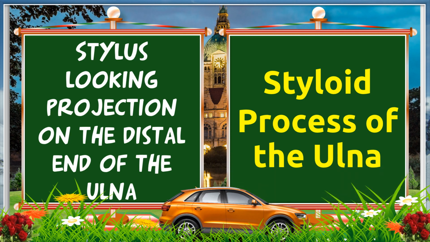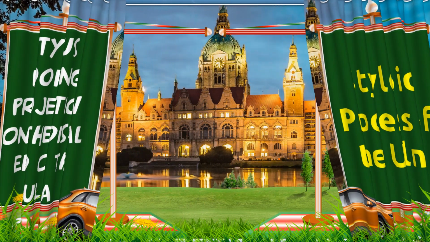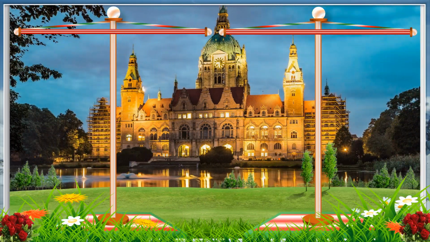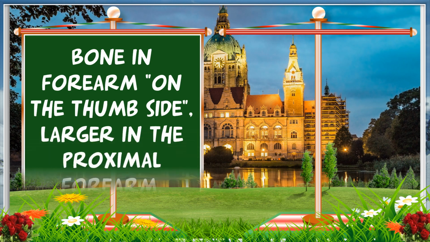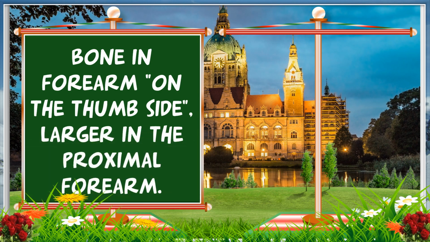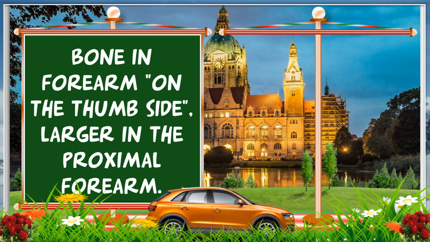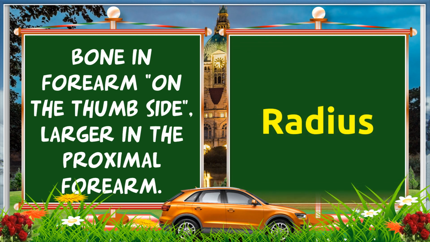Styloid process of ulna. Bone in forearm on the thumb side, larger in the proximal forearm. Radius.